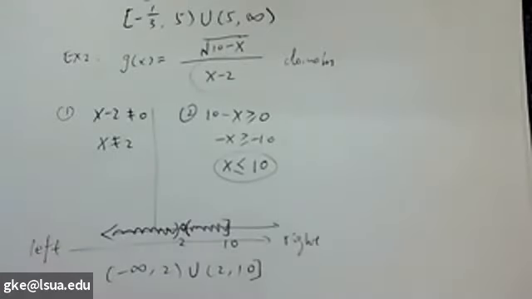Question? Since on the line it says that it's not equal to 2, why are you writing 2 in there? Because 2 is not included, right? Oh, so the round bracket means that the number's not included? Yeah. Did you do your homework? No, I just forgot.